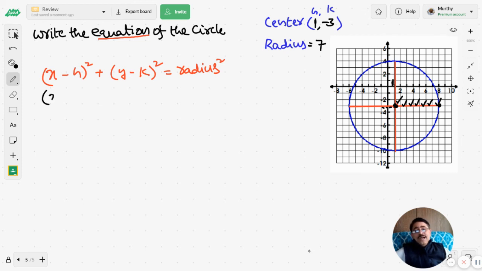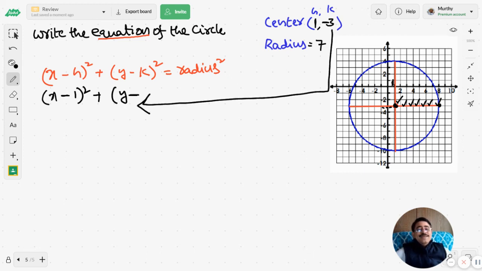Just plug in those values. x minus, what is the h value? I see that it is 1. Square, plus y subtract, what is the k value? You see that it is -3. Therefore, y subtract -3 square.